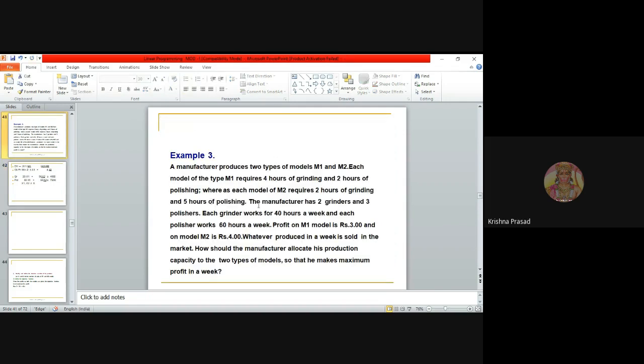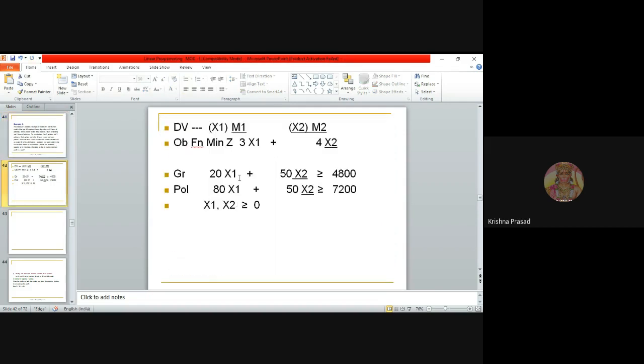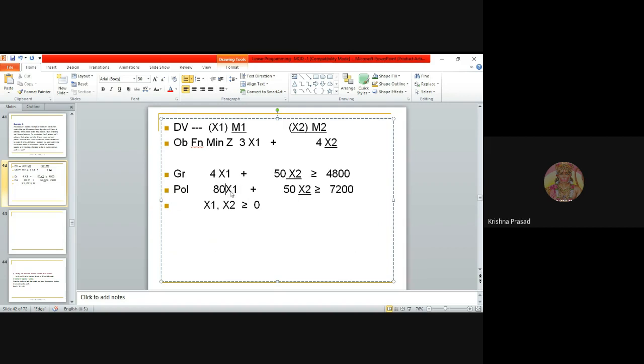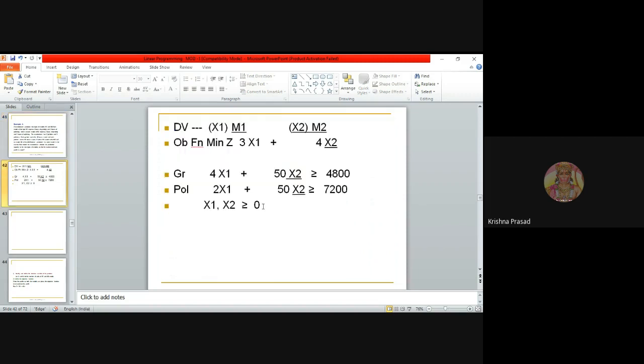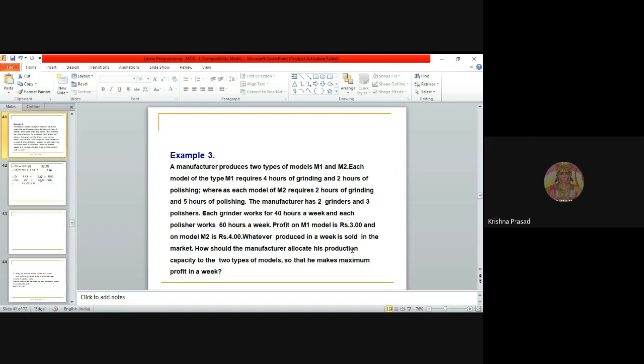Please cross check and write it, 4 hours. Don't do it wrong. And 2 hours of polishing. And M2 is how much? 2 hours of grinding, 5 hours of polishing.